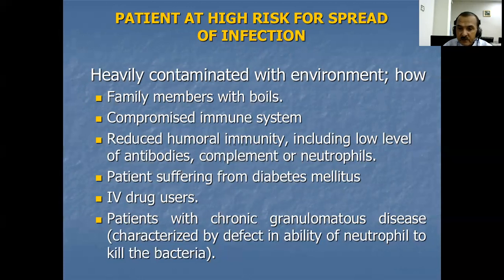Patients suffering from diabetes mellitus, meaning debilitated patients. IV drug use, especially; these are more prone to these types of infections. Patients with chronic granulomatous disease, characterized by a defect in the ability of the neutrophil to kill the bacteria.